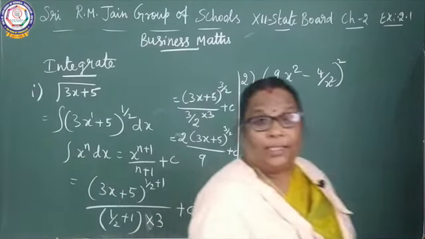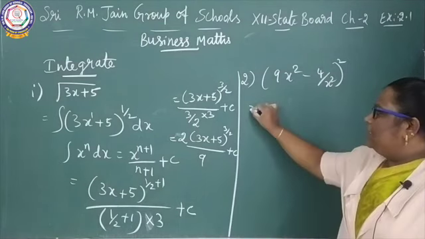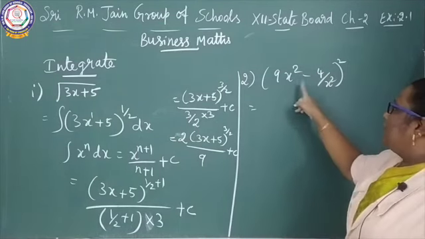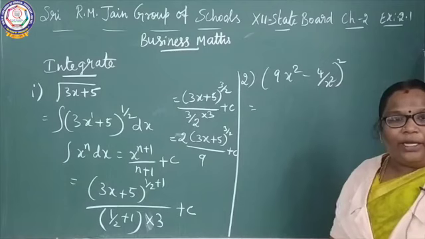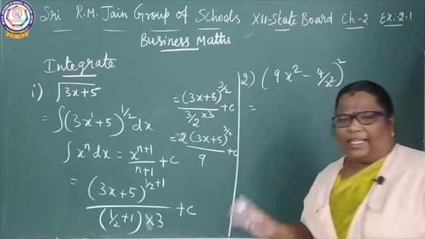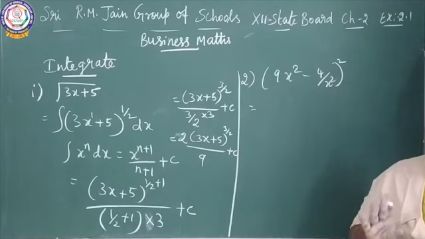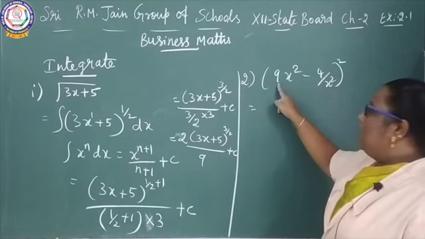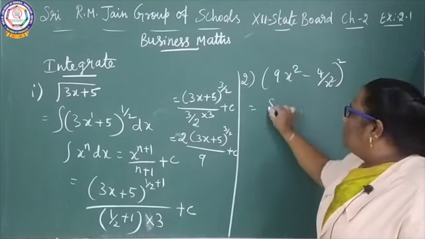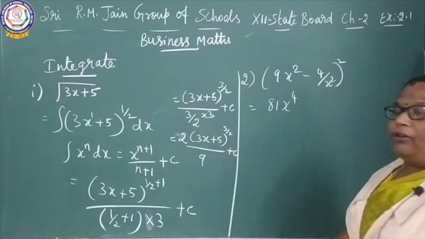Move on to the second sum. What is the second sum? 9x square minus 4 by x square, the whole square. It is the a minus b whole square formula, so apply the formula first. A square means 81x power 4.